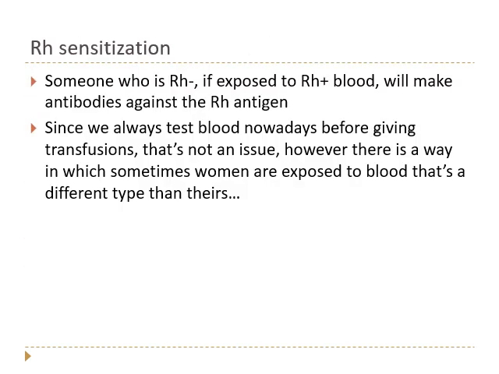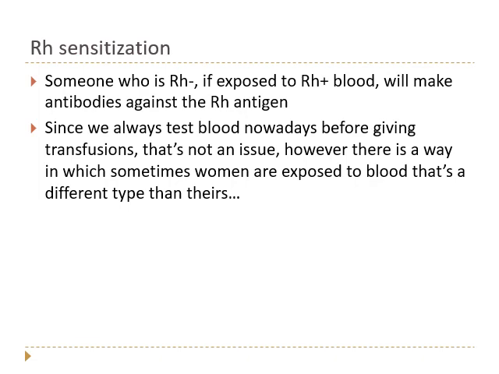So RH is interesting because you can make antibodies against RH antigen if you are RH negative, right? So if I'm RH negative and I don't have RH antigen, if I get exposed to that antigen, I'm going to make antibodies against it. Now we always test blood before giving transfusions, so it's not an issue for that.